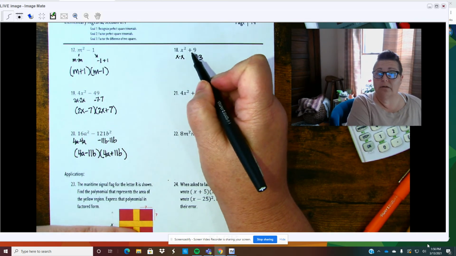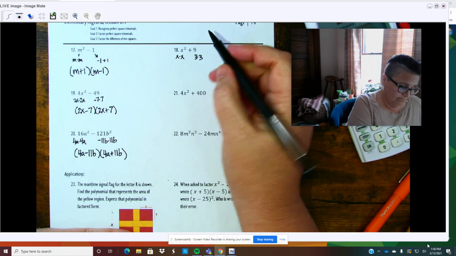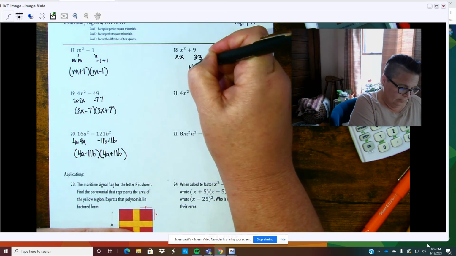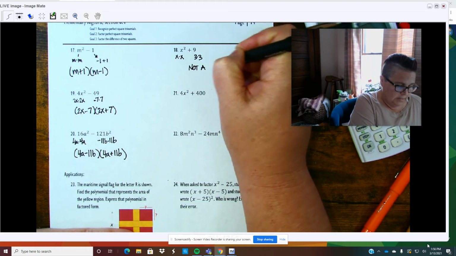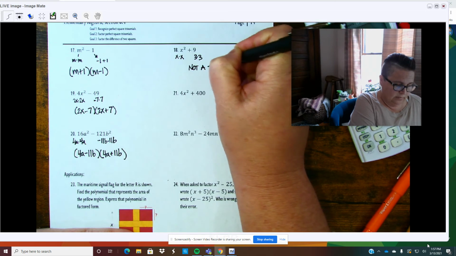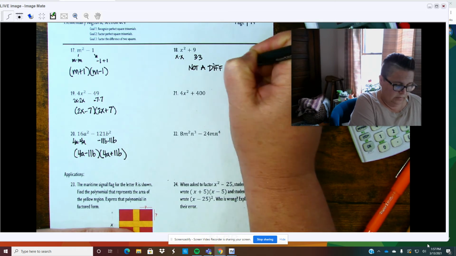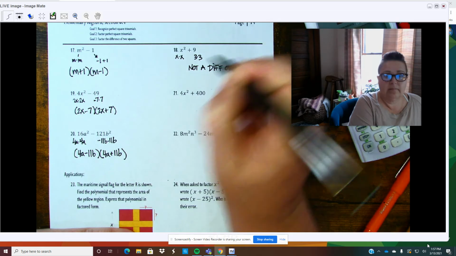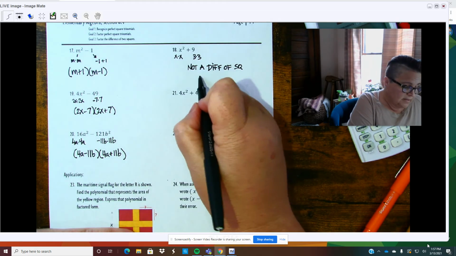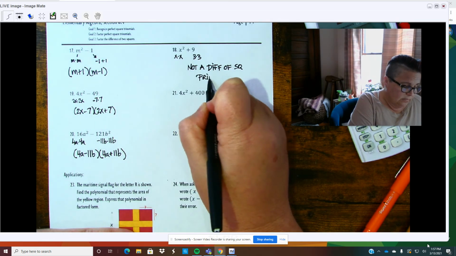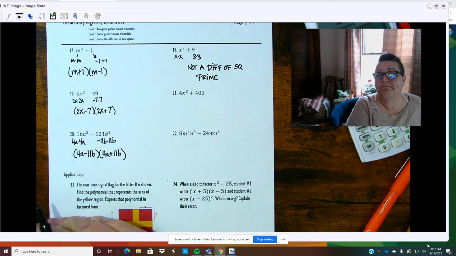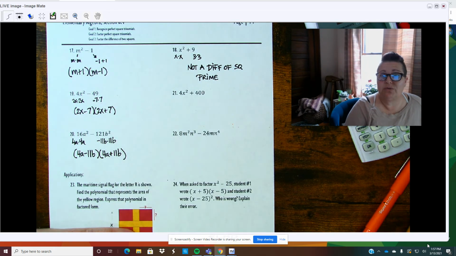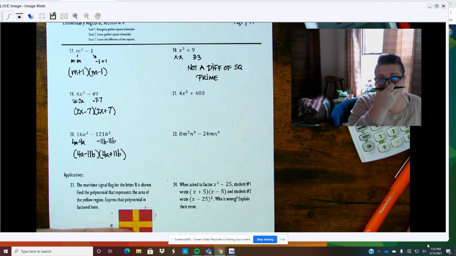I have a sum. So this one is not a difference of squares. So in fact, this cannot be factored and is prime. When you have just two terms and that plus sign there, that does tell you that you have prime. Sum of squares is prime.